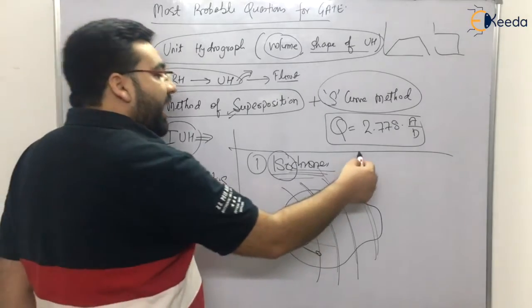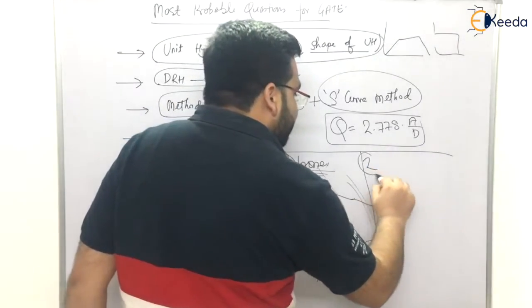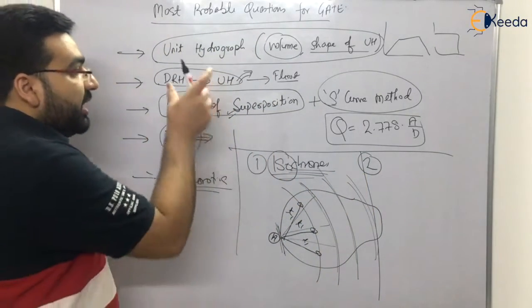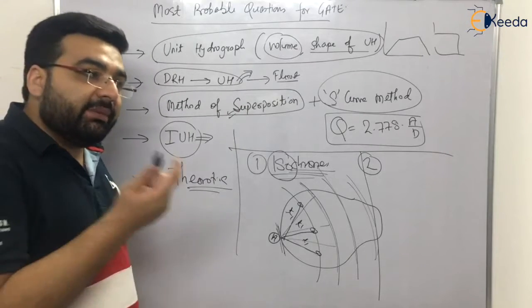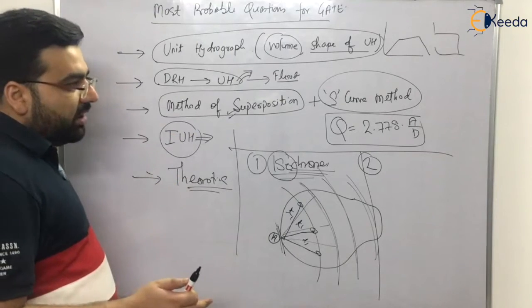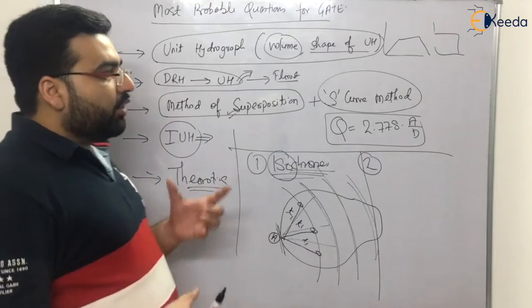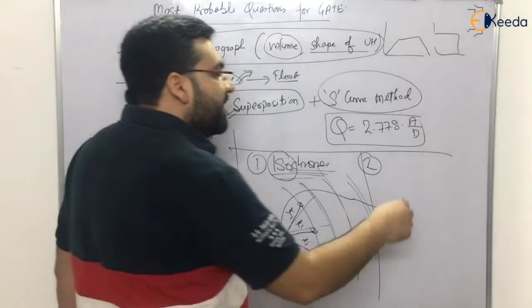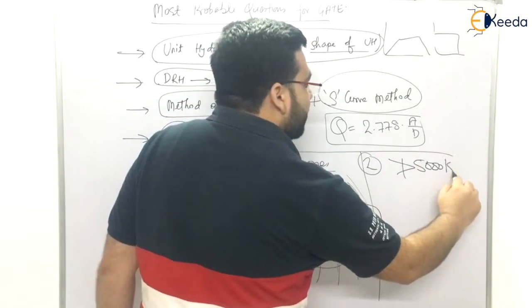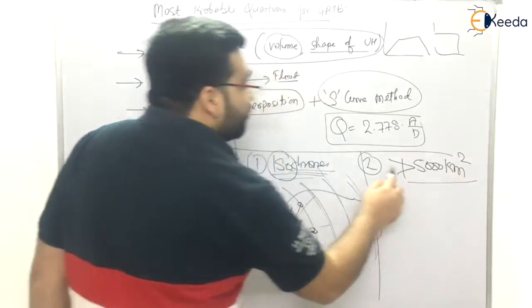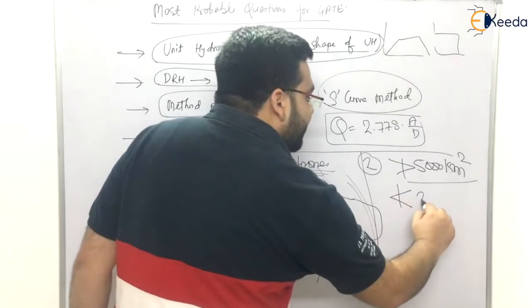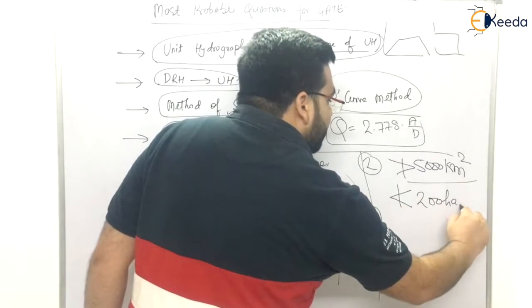Second, something that has been asked in many examinations, but not in GATE: the limitation of the unit hydrograph. Always remember that the unit hydrograph method is most appropriate only when the catchment area is not more than 5,000 square kilometers and not less than 200 hectares.